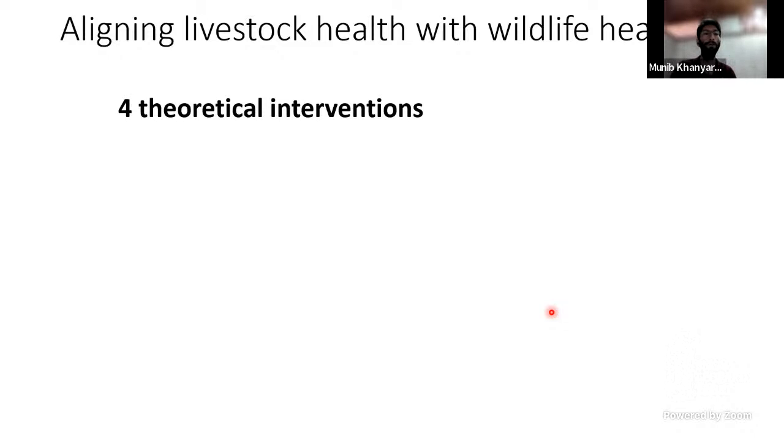We didn't do it on the ground, actually, but we did a scenario analysis through these 4 hypothetical, theoretical interventions. We wanted to do this first to understand what might happen if these interventions were done, and then talk to our stakeholders to see, is this something you think is important, needed at all, and will this work?